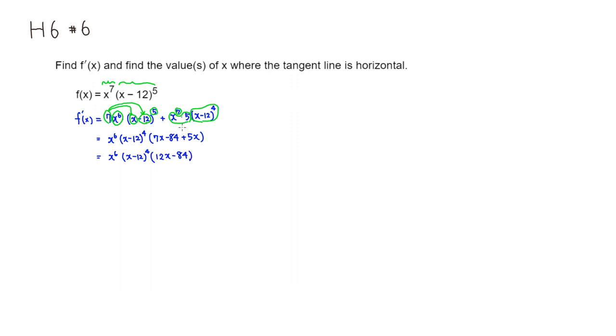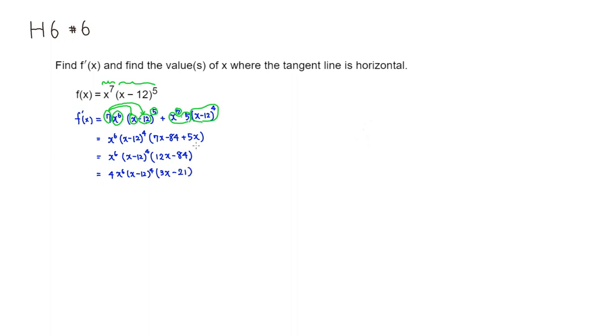Then we can pull some common factor out. 12 and 84, I think 4 is in common, so I'll pull 4 out. So x to the 6th and quantity x minus 12 to the 4th. If you pull 4 out of 12x, you have a 3x, and a minus 21.